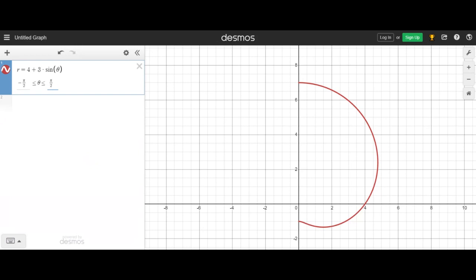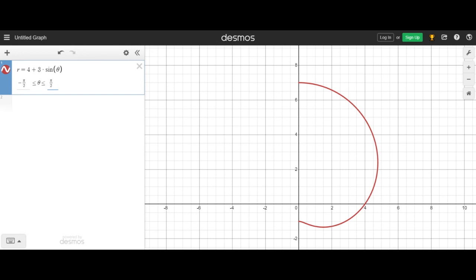So remember, if you trace out that polar graph counterclockwise, you start where your angle is negative 90 degrees, looking down in the negative y-axis direction. When you get done, the top point between 6 and 8, well, it's 7 actually, has to be when theta is 90 degrees, because 4 plus 3 times the sine of 90 degrees is 7.